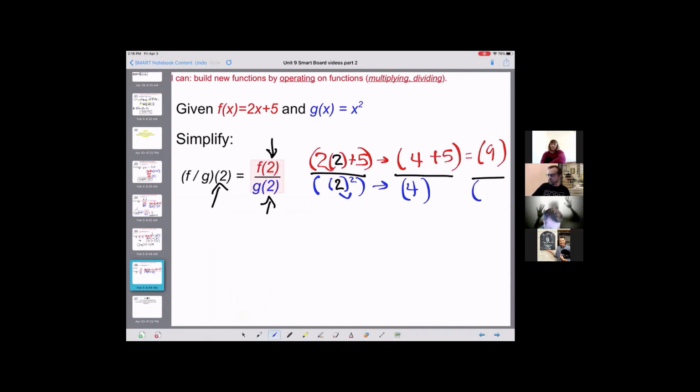Is that really the answer? Well, yeah. We know a lot of elementary teachers don't like improper fractions, but I, for one, am an improper fraction lover. But it would be okay if you wanted to turn this into a mixed number. If you did, you would have 2 and 1/4, so that answer would be okay.